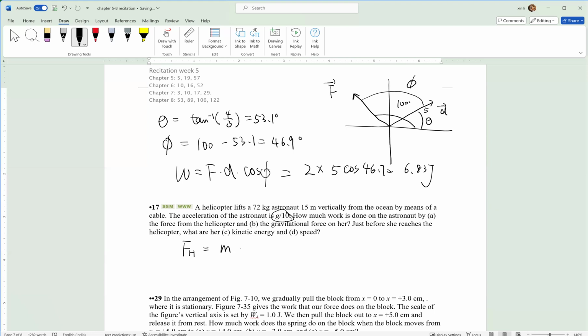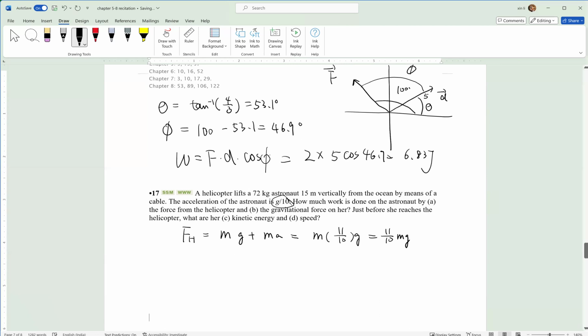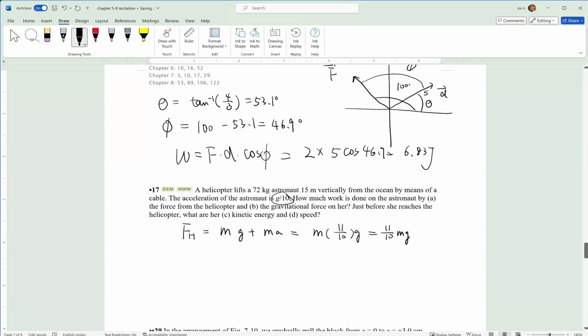It will be equal to mg plus ma. So it will be equal to m times 11/10 g. Okay, so I'm going to write it this way, 11/10 mg. So this is the helicopter because it has acceleration, so it has gravitational force plus acceleration.